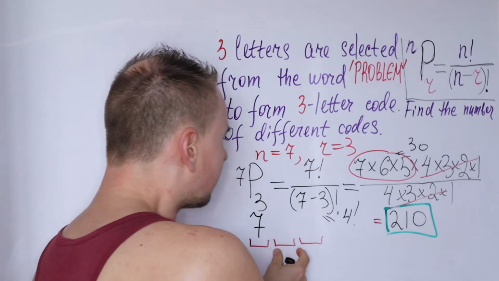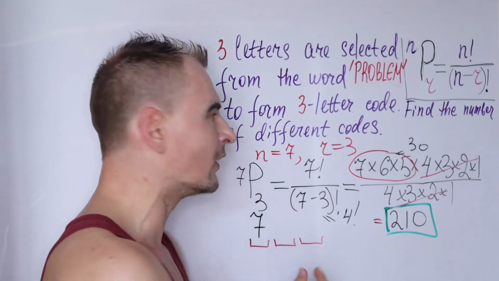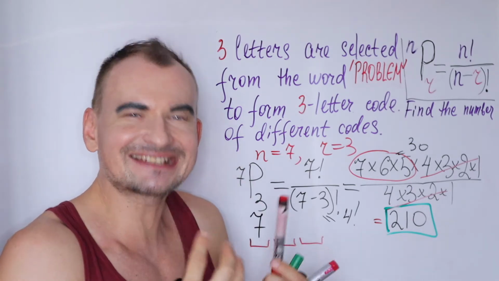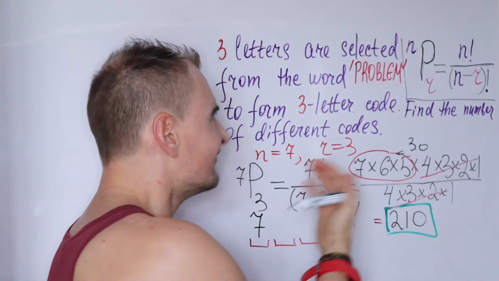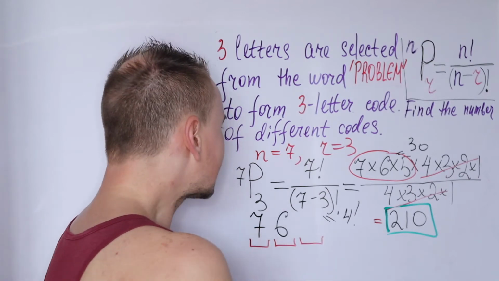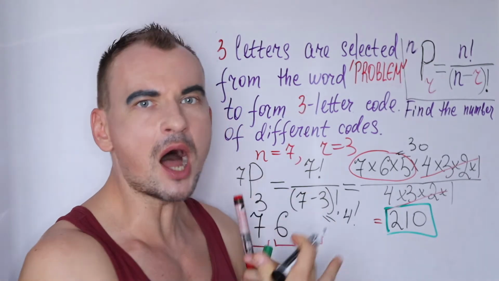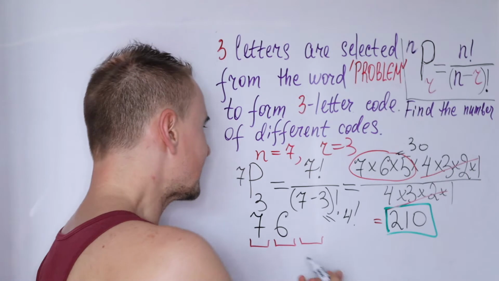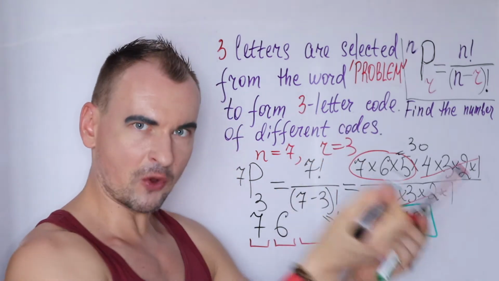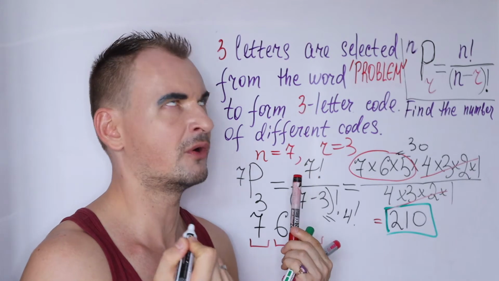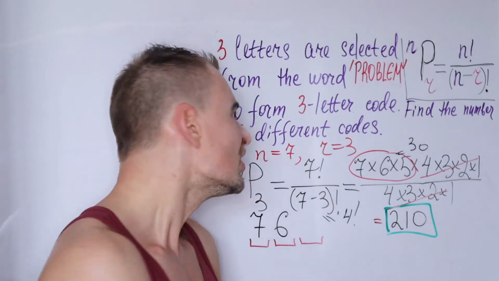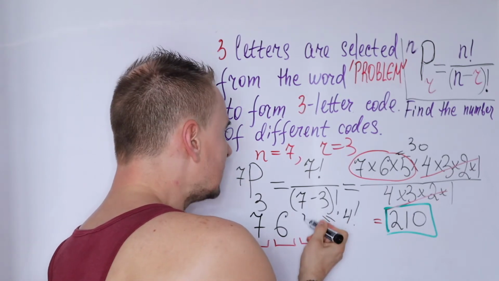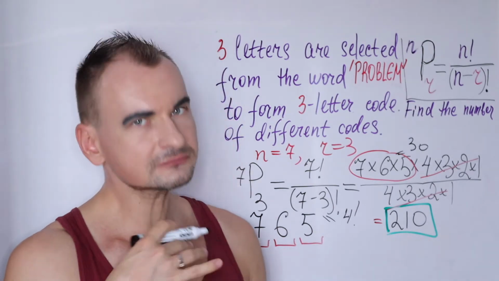Now, moving on. For the second slot, since 1 letter is already taken, I have the remaining 6 variations, if you like. So the second place could be filled out with 6 different choices. Now, since 2 letters are already chosen, for the last slot, for the last place, I have only 5 different choices.